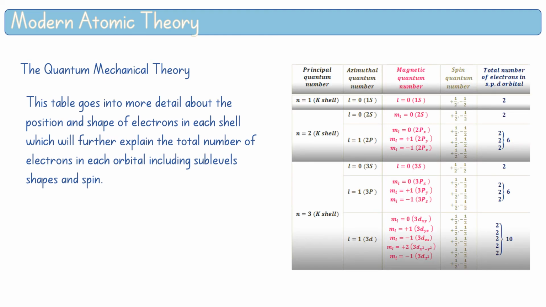This table goes into more detail about the position and shape of the electrons in each shell, which will further explain the total number of electrons in each orbital, including sublevel shapes and spins. But don't worry, we'll cover this in grade 12.